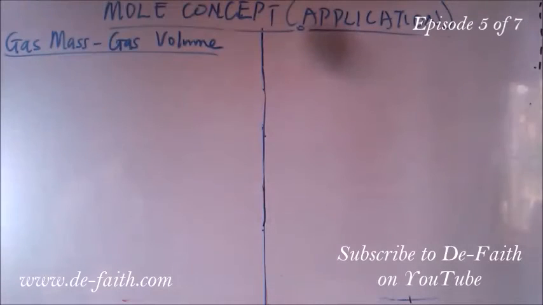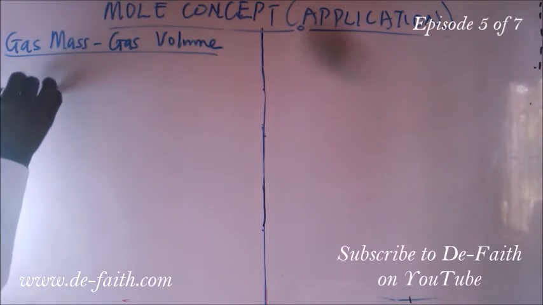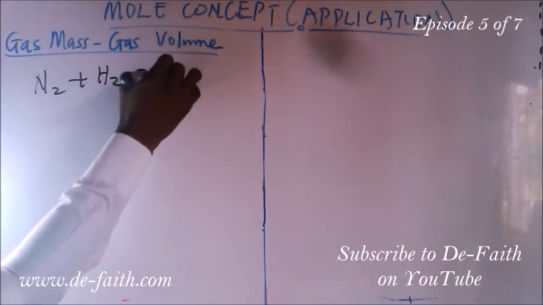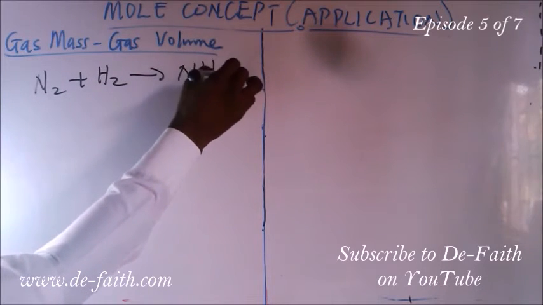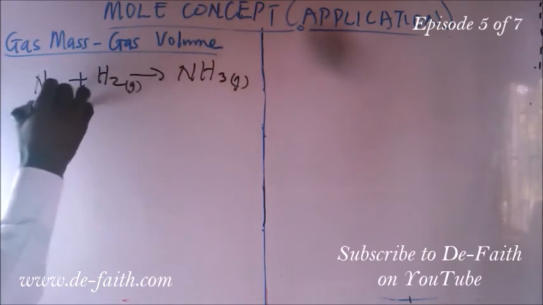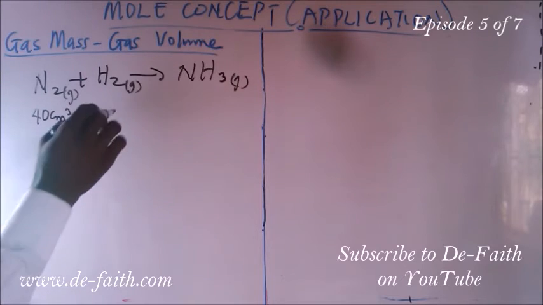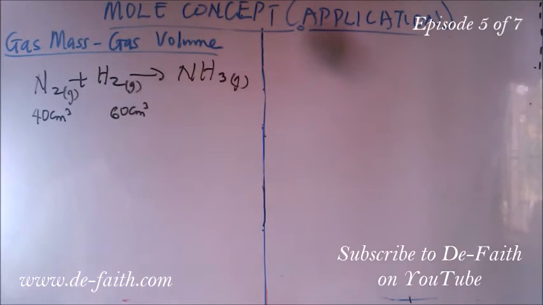Now let's get the equation of this problem. We're told that nitrogen gas reacts with hydrogen gas to produce ammonia gas. Now all these are gases. We're told that 40 cm cubed of nitrogen gas reacts with 60 cm cubed of hydrogen gas to form ammonia gas.